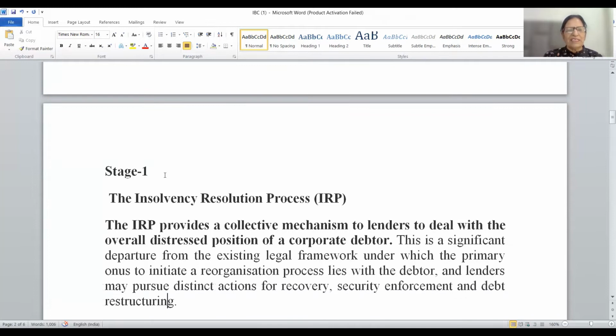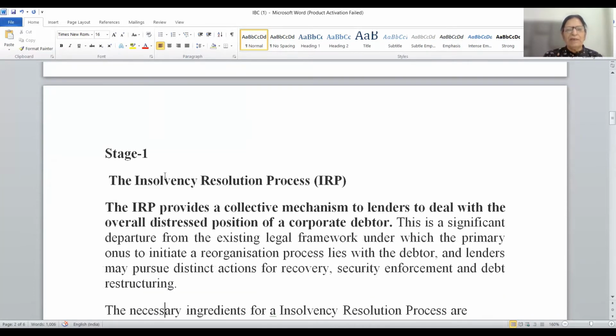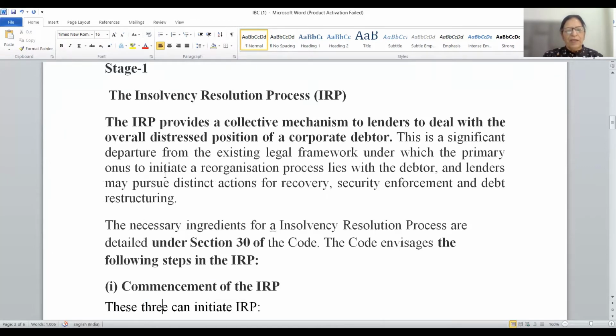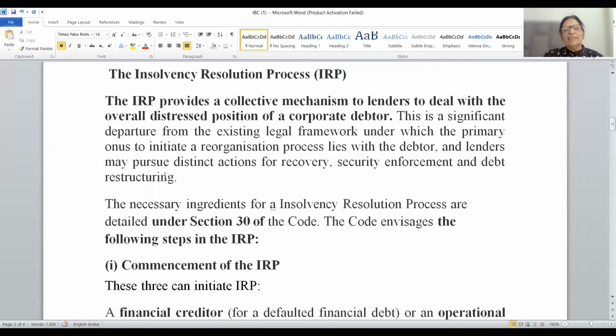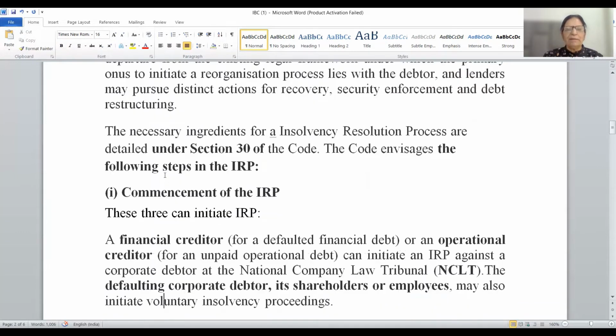The very first stage is IRP. IRP provides a collective mechanism to lenders to deal with the overall distressed position of a corporate debtor. The necessary ingredients for IRP are detailed under Section 30 of the Code, and the Code covers the following steps in the IRP.